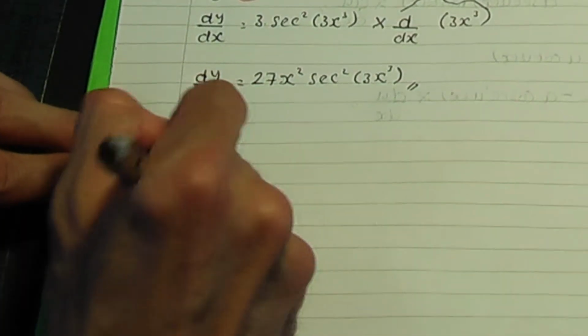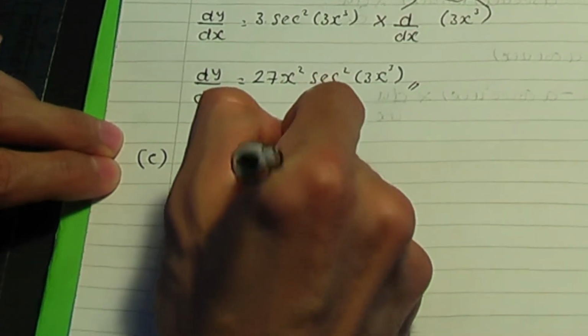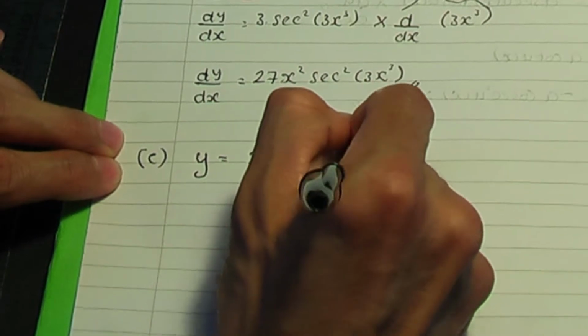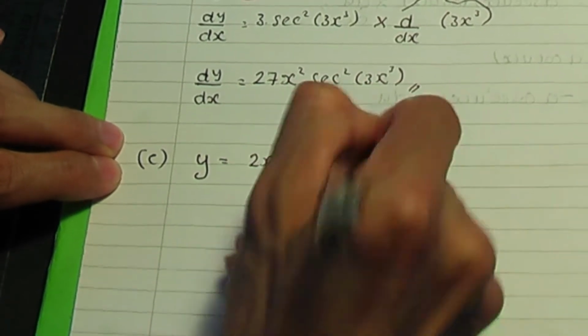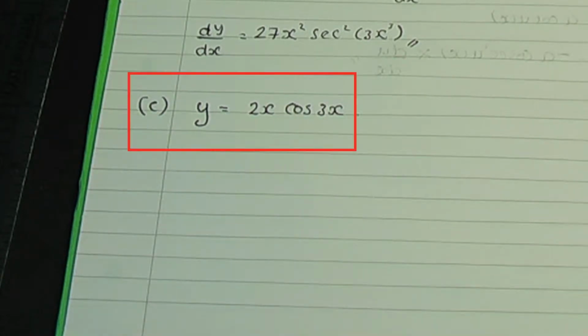Let's try another one. How about y is equal to 2x cos 3x. So y is equal to 2x cos 3x.